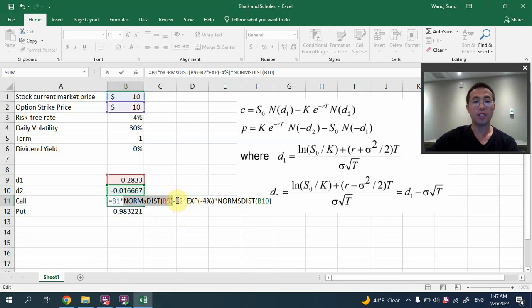Okay, and then you're going to subtract the strike price times the exponent of negative 4%.